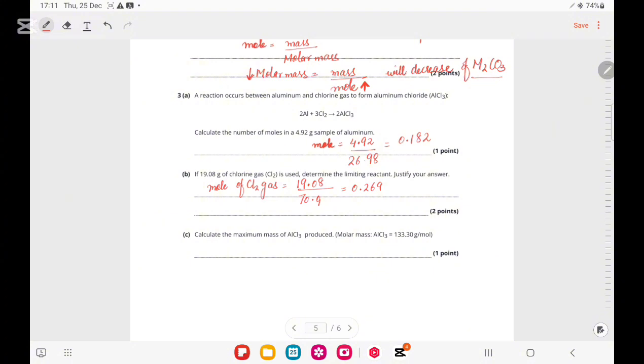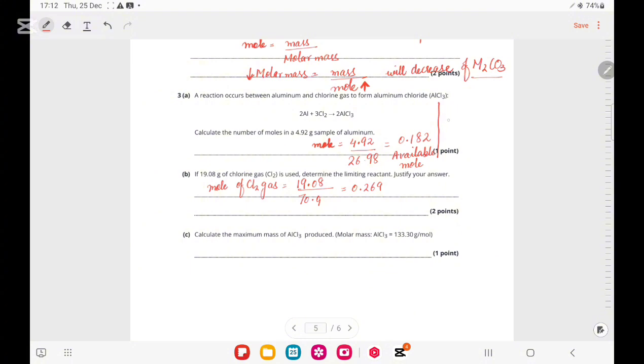Now you need to find the limiting reactant, and how you are going to do it: these are the available moles, and from these available moles I need to find the required moles. So let's see what is going to be the required moles.